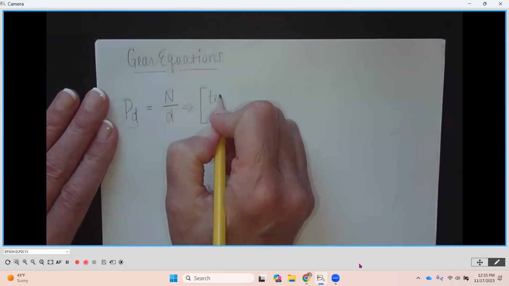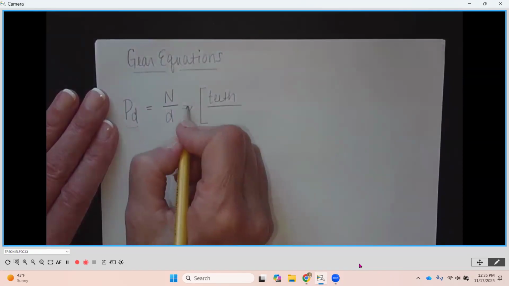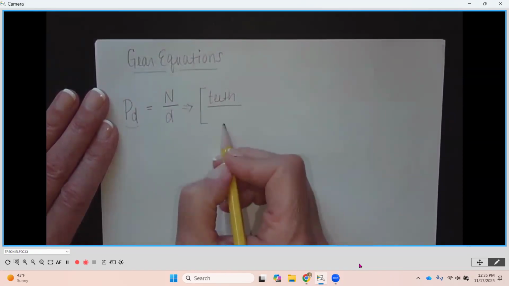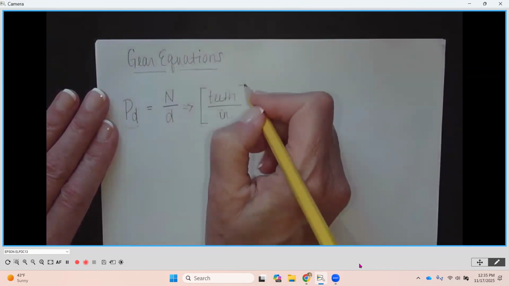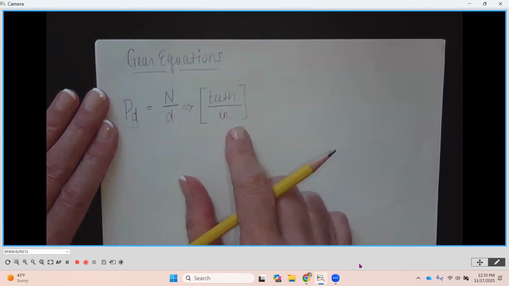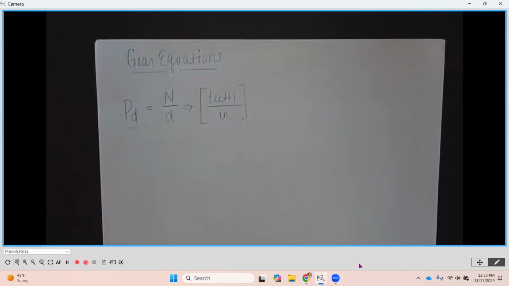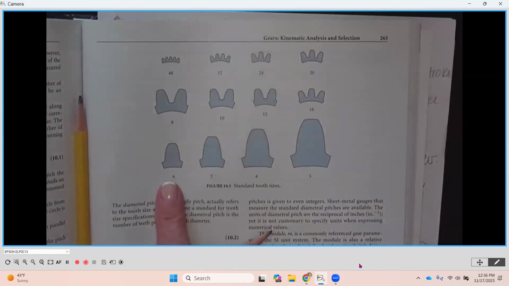Capital N is the number of teeth, as we said. So if there's 10 teeth, the units for that quantity are going to be teeth on the top. And then pitch diameter is going to be in inches. So the units for diametral pitch are going to be teeth per inch. Now, when we're given diametral pitch or we're specifying diametral pitch, they're just going to give us a number.